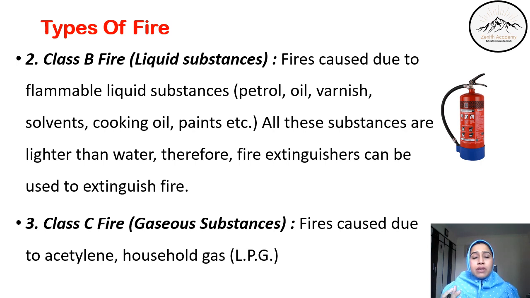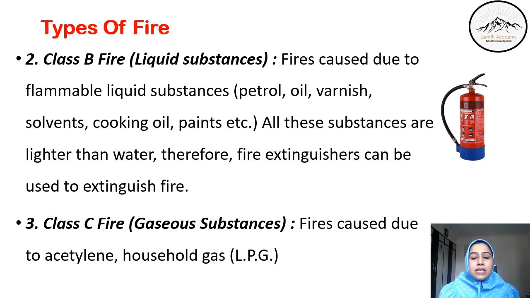Means these liquids can easily catch fire. Now all the substances that are lighter than water catch fire easily, and therefore water cannot be used as a fire extinguisher over here. Therefore we need a fire extinguisher cylinder. So liquid substances that catch fire are classified as class B fire.